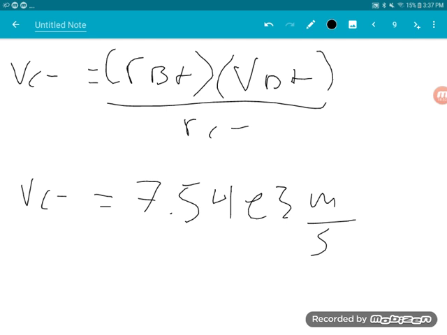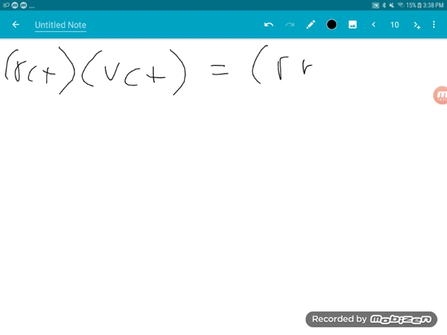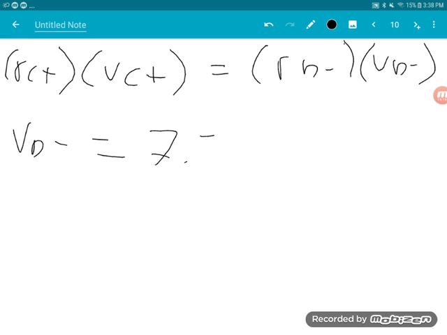With CD, from C to D, it's the same concept. The mass of the spaceship cancels out, so we have RC plus multiplied by VC plus is equal to RD minus times VD minus. Okay, so VD minus, when we solve it, is equal to 7.52 E3 meters per second.